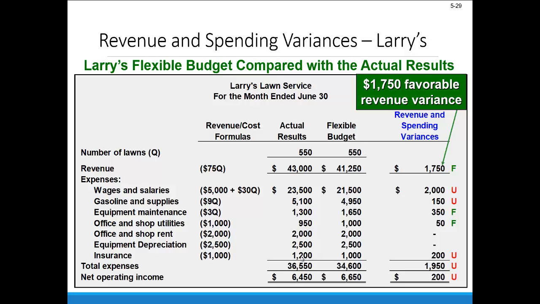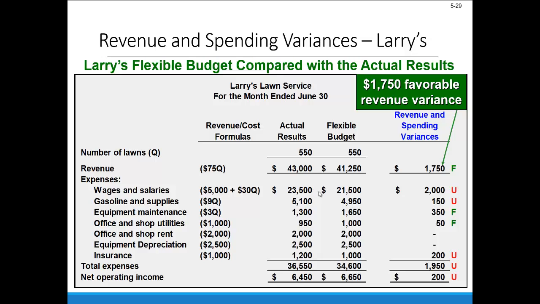Similar idea for our expenses. So wages and salaries, the actual spend there was $23,500. The flex budget said it should have been $21,500. So we've got a $2,000 difference. Actual is greater than flex, but this is an expense, so that's unfavorable. Now again, this is not driven by this difference in activity between our expected level and our actual level. So this has to be something else.